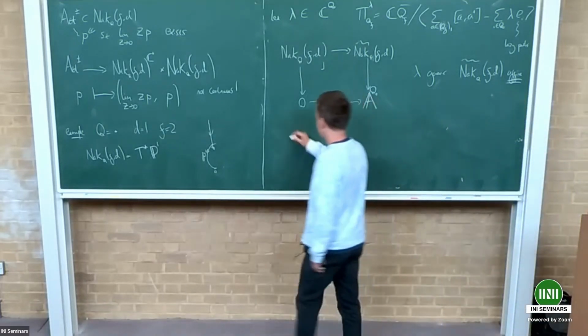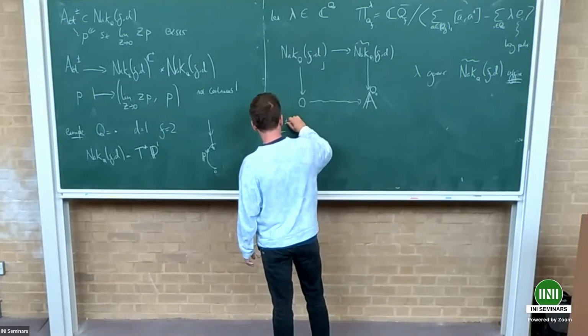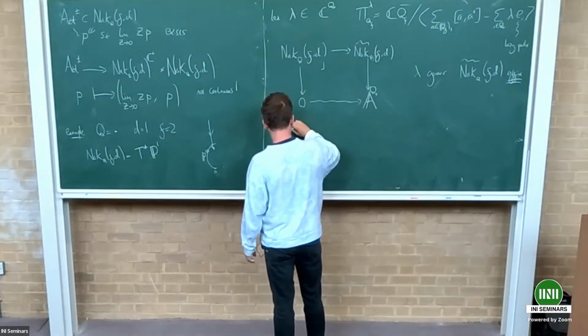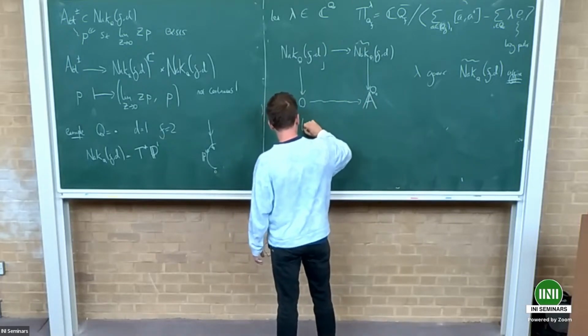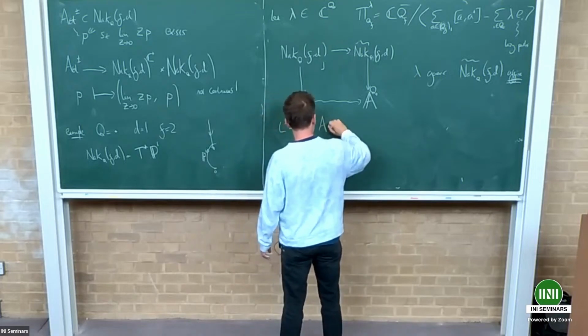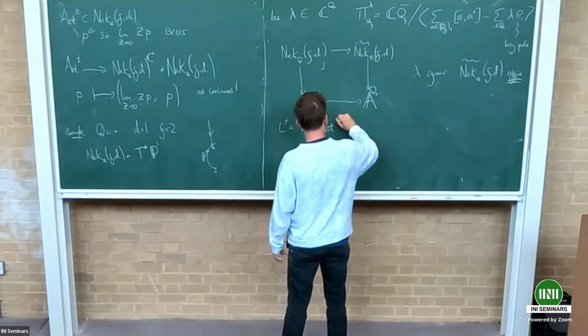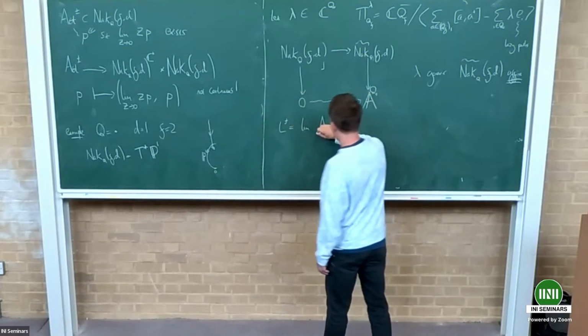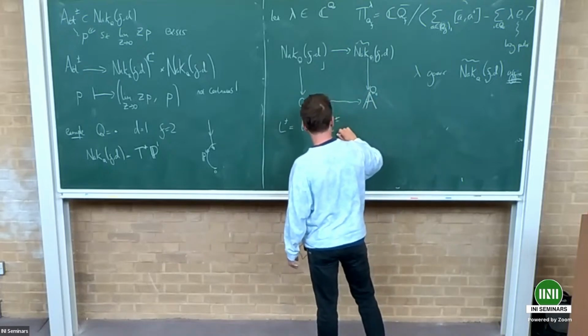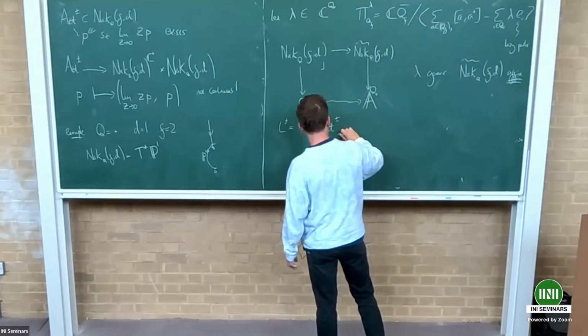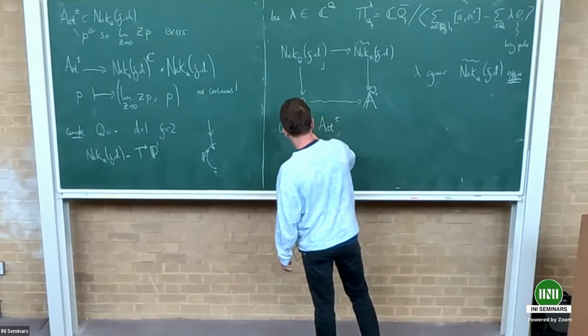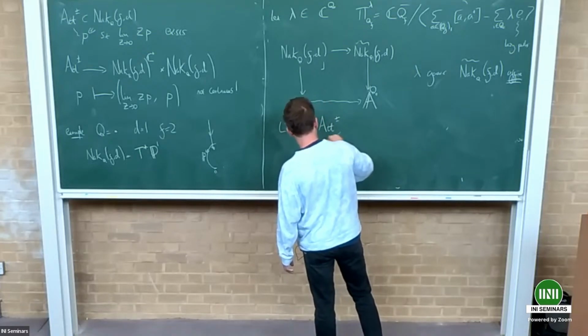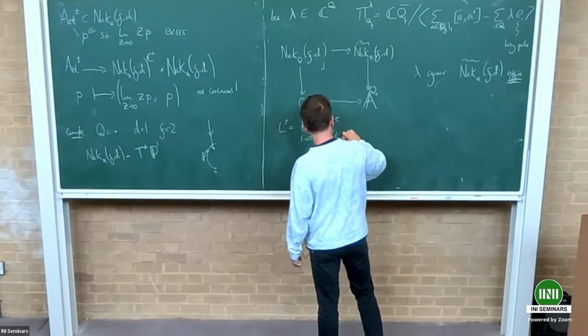Right. So now we define L plus or minus to be the limit of the attracting locus, where t goes to 0, t lambda.